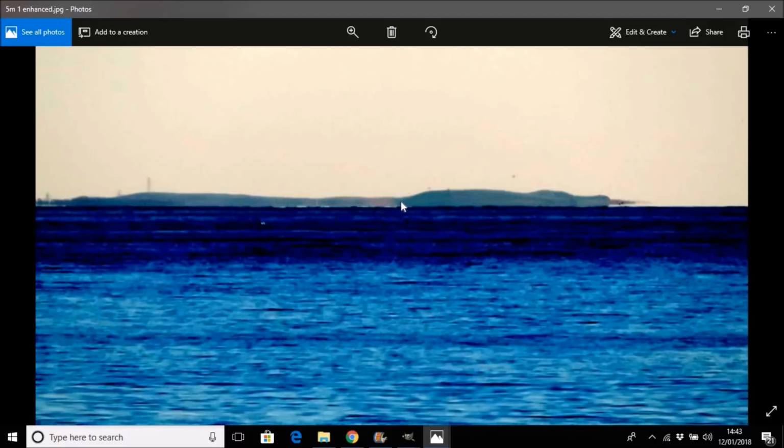Whether the mirror line represents the true horizon or the hard water line that we see here represents the true horizon is something we can debate and discuss, but there is a mirror line there, but it's not sufficient to account for all the missing land in the other pictures.